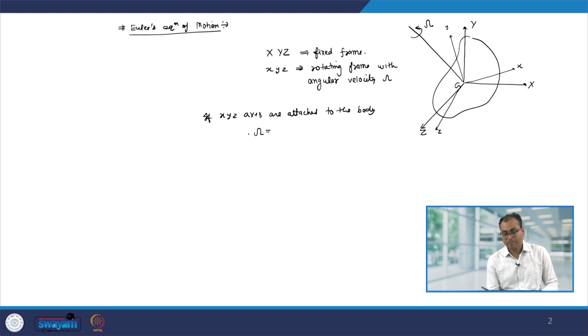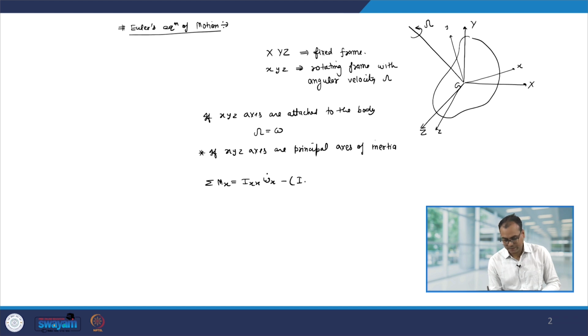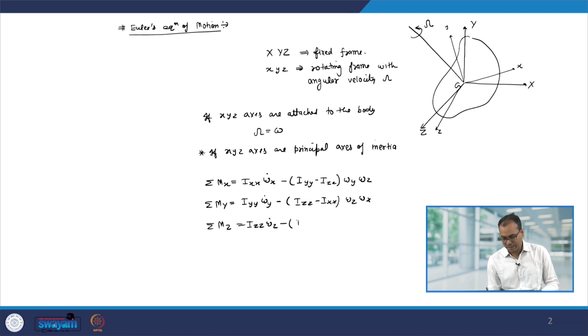So, small omega becomes the angular velocity of the rigid body, and if our x, y, z axes are the principal axes of inertia, in that case we have the Euler equation of motion, which is summation Mx equal to Ixx omega x dot minus Iyy minus Izz omega y omega z, summation My equal to Iyy omega y dot minus Izz minus Ixx omega z omega x, and summation Mz is equal to Izz omega z dot minus Ixx minus Iyy omega x omega y.